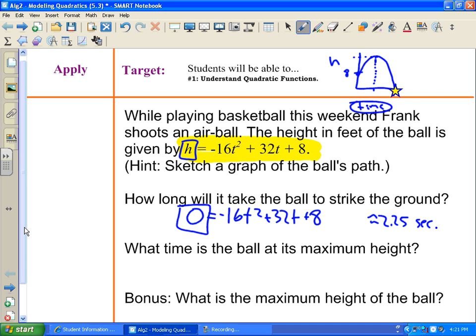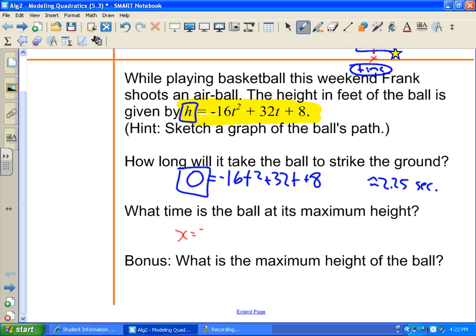At this point, we know maximums occur at the vertex of the parabola. So I can find my x value. X value is time in this case. If my x value is time, that's all it's asking me. What time is the ball at its maximum height? This is saying, what is the x value of the vertex of this parabola? All I want you to do is find the vertex.